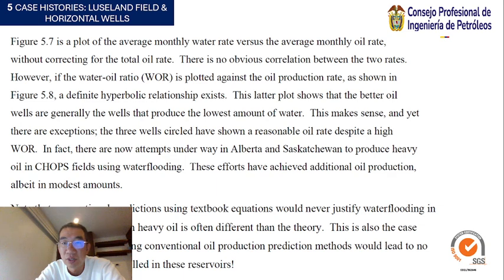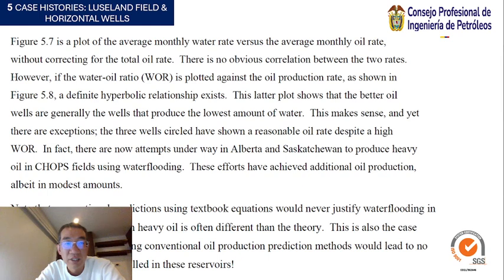This latter plot shows that the better oil wells are generally the wells that produce the lowest amount of water. This makes sense, and yet there are exceptions. The 3 wells circled have shown a reasonable oil rate despite a high WOR.